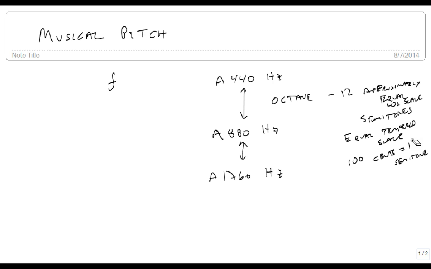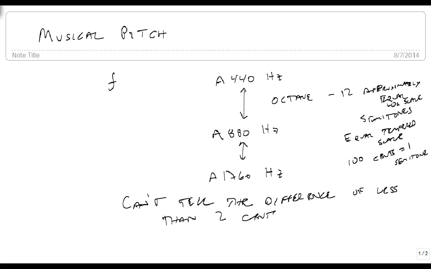We can't tell the difference of less than about 2 cents. So if two sounds are within 2 cents of each other, we can't really tell the difference between them.